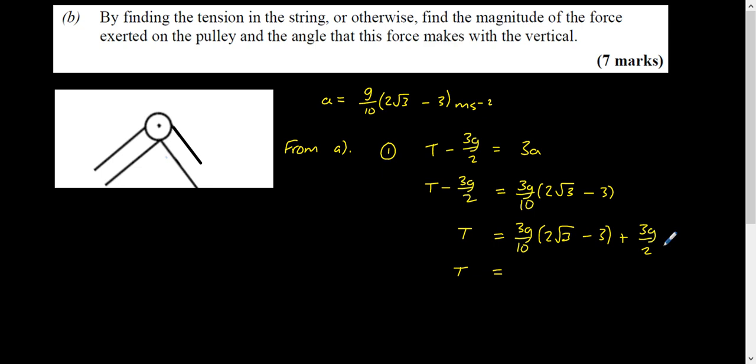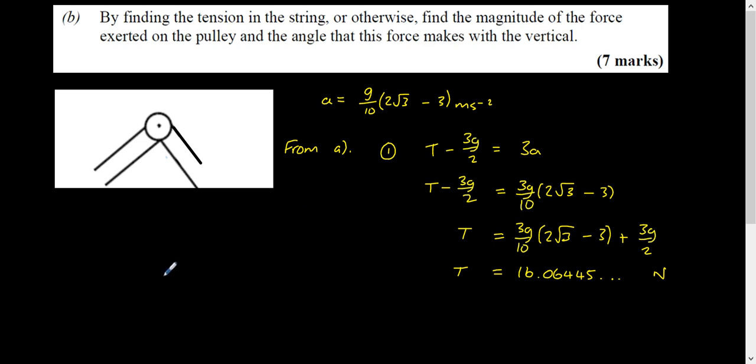So we've got 3g over 10 multiplied by 2 root 3 minus 3, and then we're going to add 3g over 2. And our tension comes out as 16.06445... newtons. Now I'm going to leave that unrounded in my calculator because it is going to come back. That's what we're going to use.